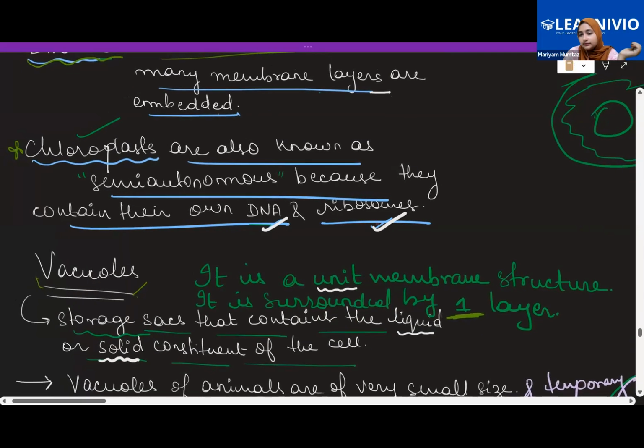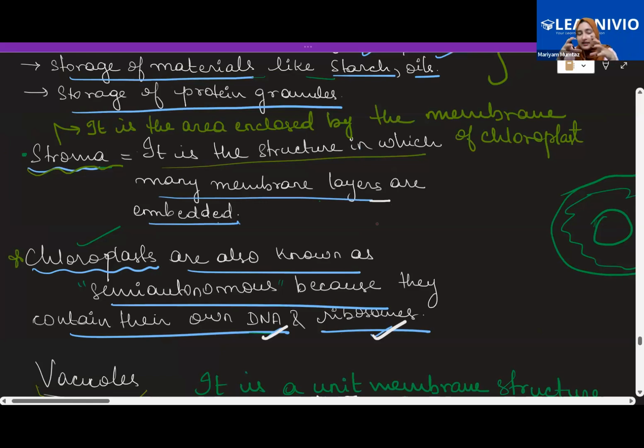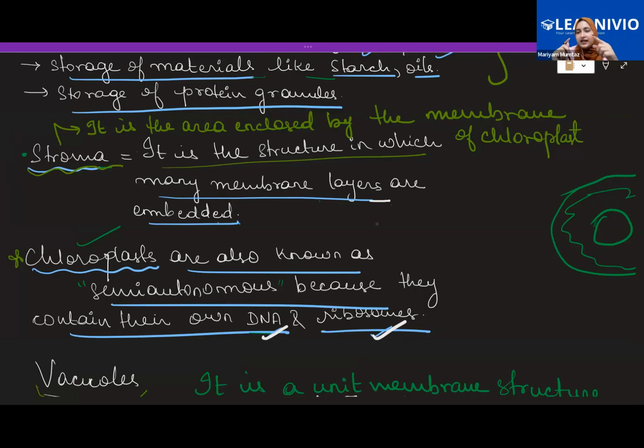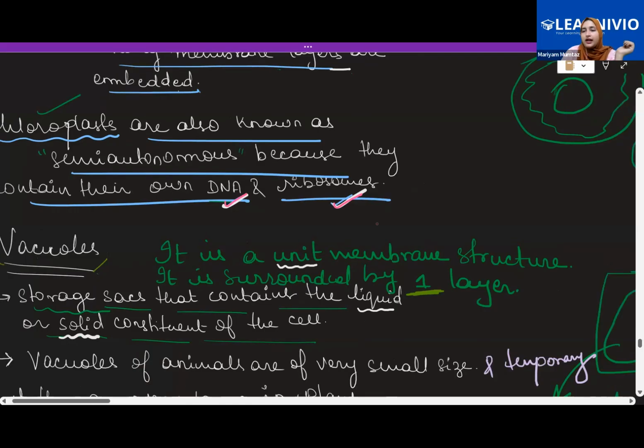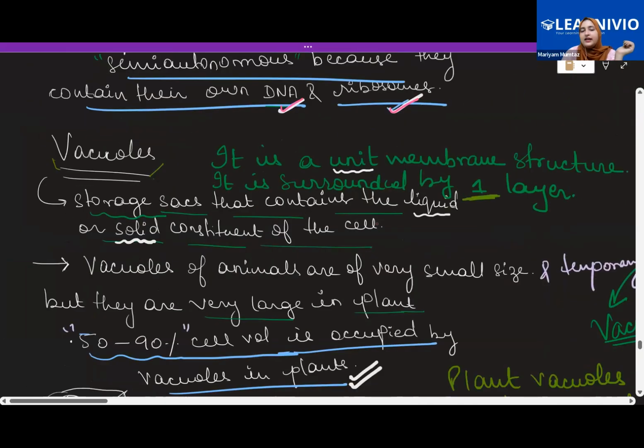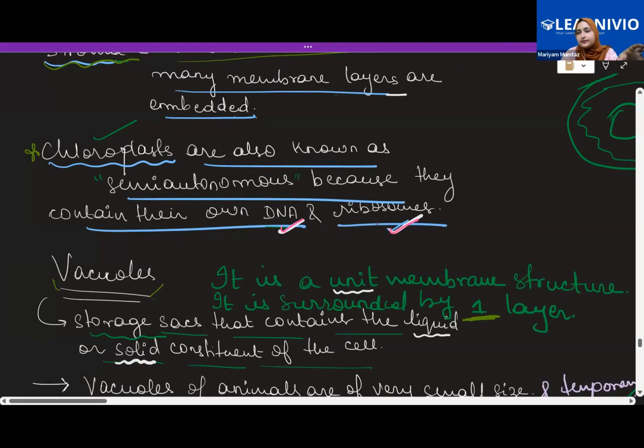Stroma is that part of the chloroplast wherein the photosynthetic activity would happen. Now, chloroplasts are also called semi-autonomous cell organelles because they have their own DNA and their own ribosomes. Any doubts in the plastid, students?